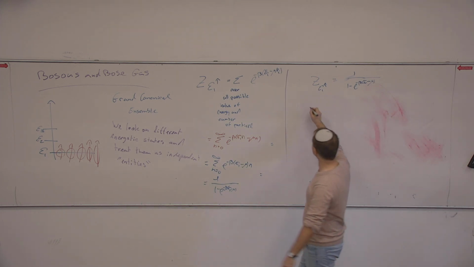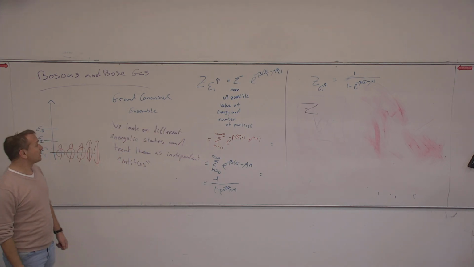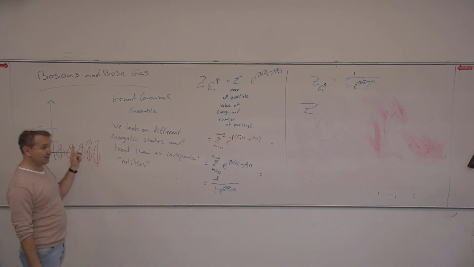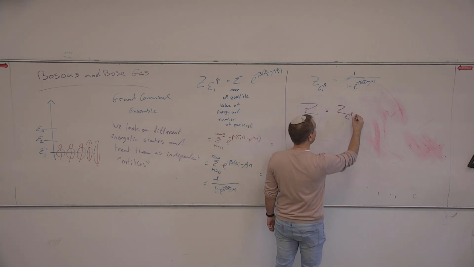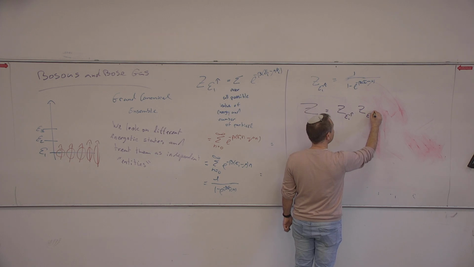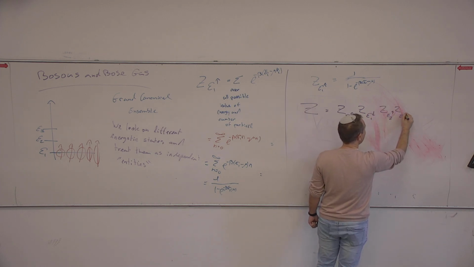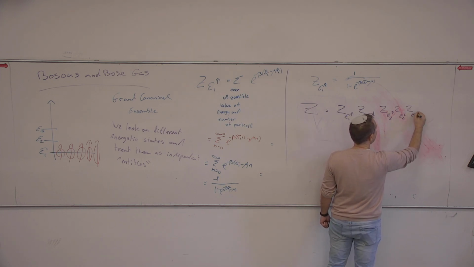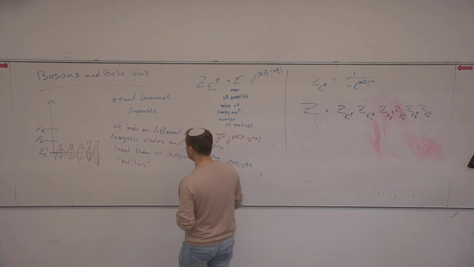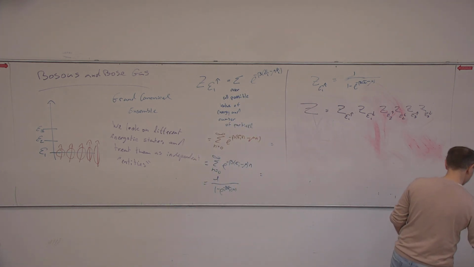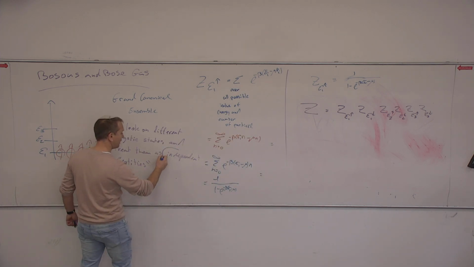What happens to Z, the grand canonical partition function, for every body? It is just Z epsilon 1 up, Z epsilon 1 down, Z epsilon 2 up, Z epsilon 2 down, Z epsilon 3 up, Z epsilon 3 down. Right? Because these are independent.